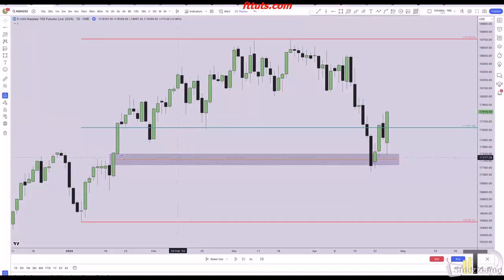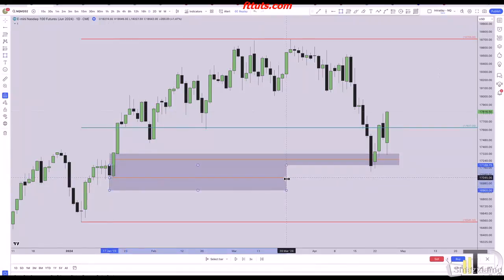Quite interesting. In this particular fair value gap, what you will also see is a bullish order block right here. This down close candle, from here to here, in fact this entire area is a bullish order block, isn't it?